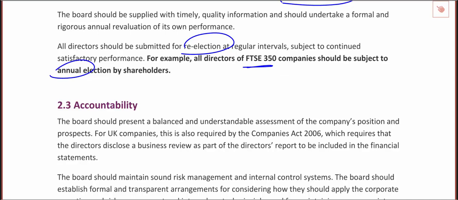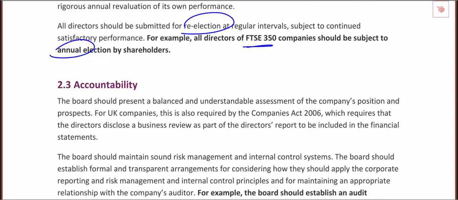This just makes sure that directors are held accountable, so they aren't able to just stay on the board forever, regardless of their performance. They're subject to annual re-election, so if they're not doing a good job, they won't get re-elected. This interval is slightly different for other companies, so those companies outside of the FTSE 350. So for those other smaller companies, it's every 3 years.